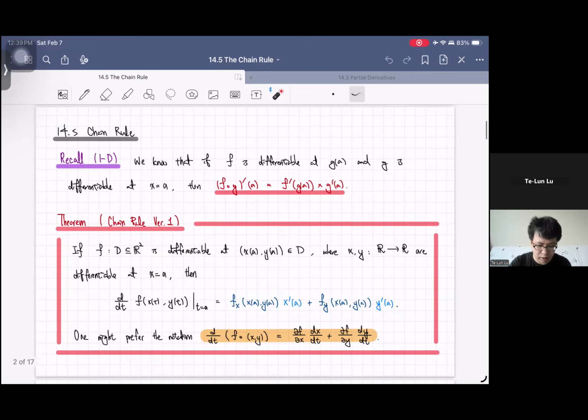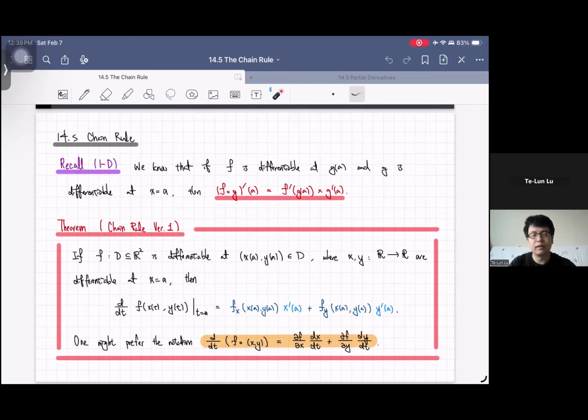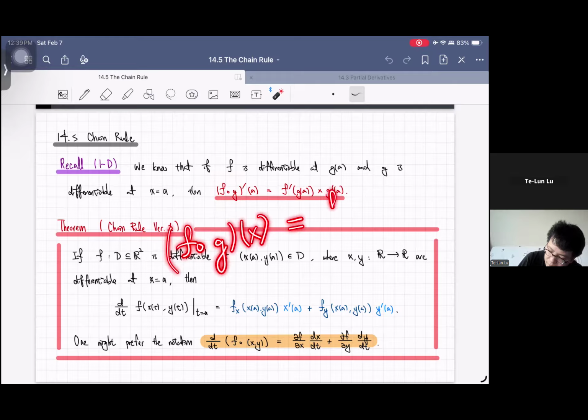Right. So let us recall the one-variable version of the chain rule. If we compose two functions as f circle g, again recall what f circle g is: the function f circle g of x is simply defined by f of g of x, right?